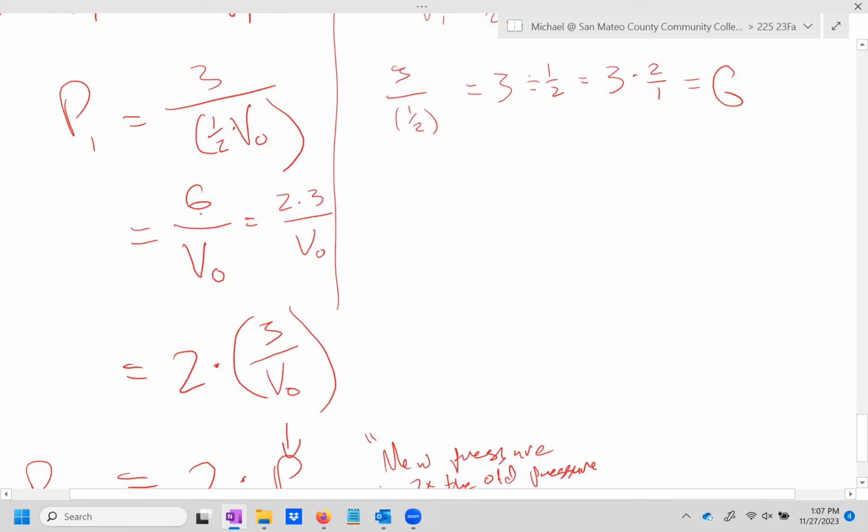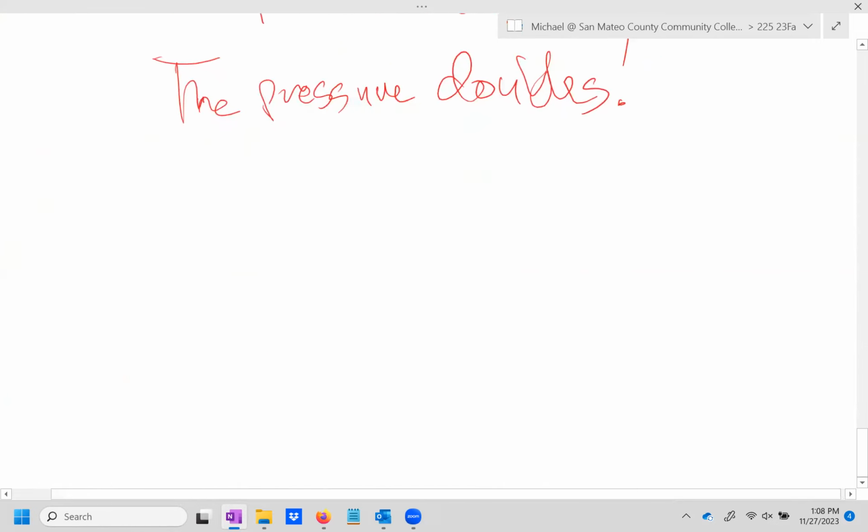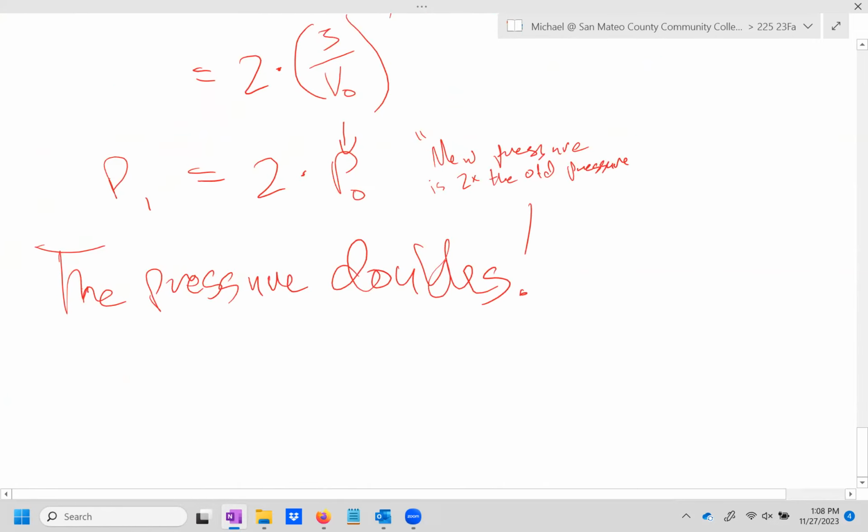So when I went from here, P1 is equal to 6 divided by V0, and is that not equal to 2 times 3 divided by V0? Just think about this fact, isn't it true? It's true. Basically, what happens when you divide something by 1/2? You multiply by 2.